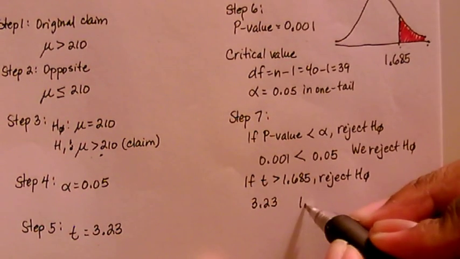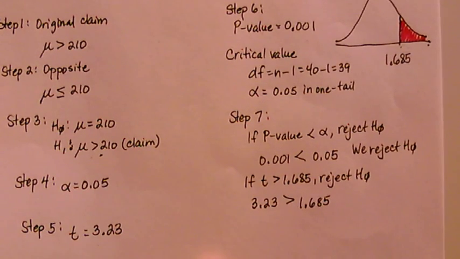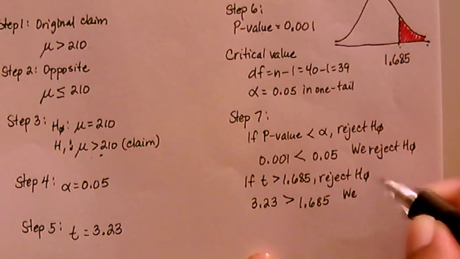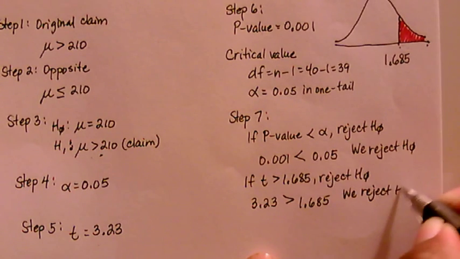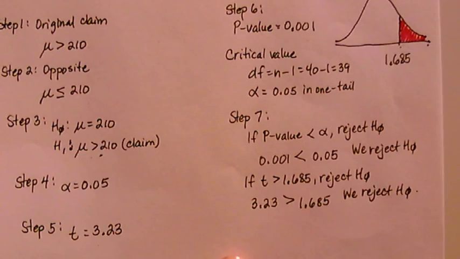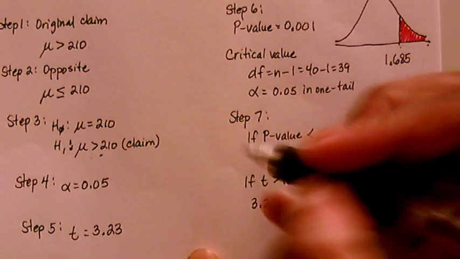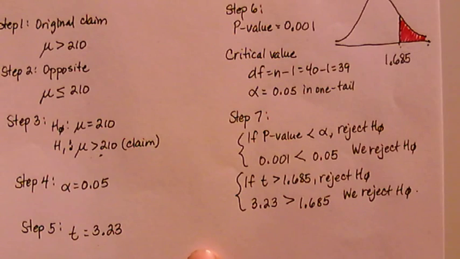You compare that with 1.685, that is bigger than, well, 3.23 is bigger than 1.685. So if you use the traditional method or the critical value approach, we reject the null. So here, you can use either one, the p-value approach, which is this one, or the critical value approach, which is this one.